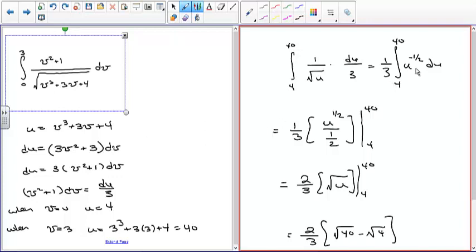I always factor that out because I want to get this into an exact form where I could say this is the formula in the book that applies to that. So I add 1 to the exponent, divide by the new exponent. I took the reciprocal of 1/2, which is 2, so 2 times 1/3 gives me 2/3. And then I changed u to the 1/2 back to the square root of u. Okay, so on we go.